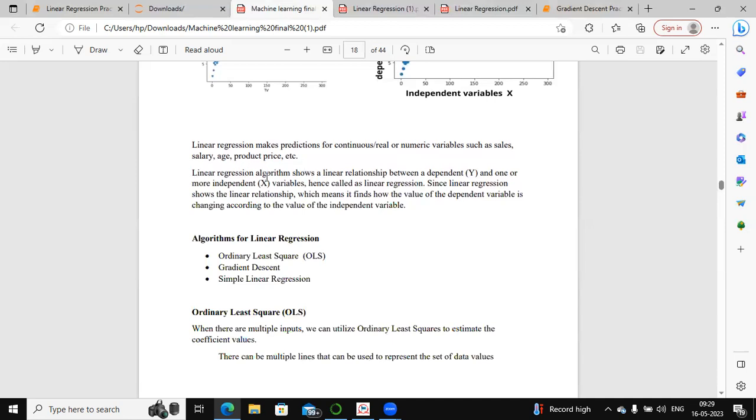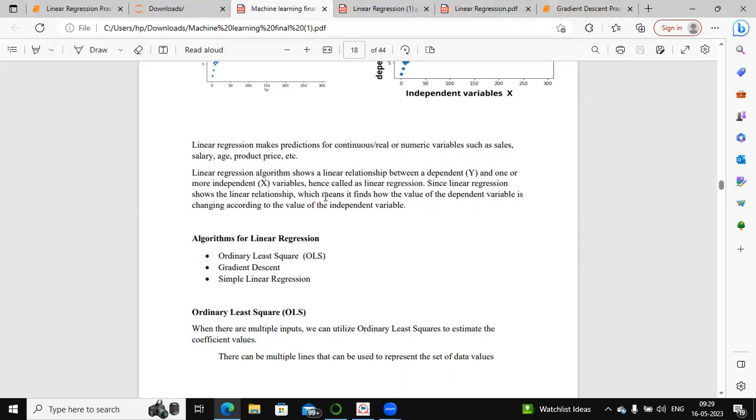Linear regression makes predictions for continuous or numeric variables such as sales, salary, age, product price, etc. Okay. And the regression algorithm shows a linear relationship between a dependent and one or more independent variables. So there can be a dependency of more than one independent variable for the dependent variable y. Hence, this is called linear regression. This linear regression shows the linear relationship, which means it finds how the value of the dependent variable is changing according to the value of the independent variable.